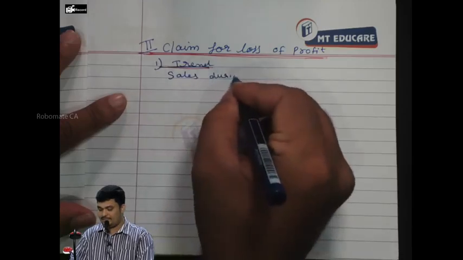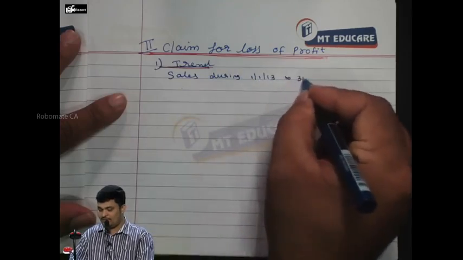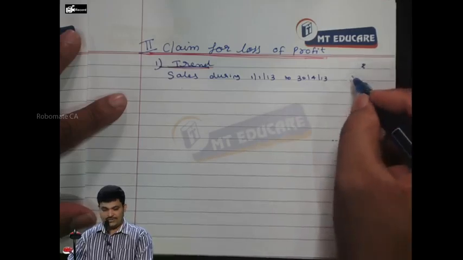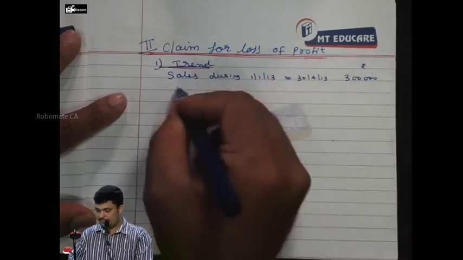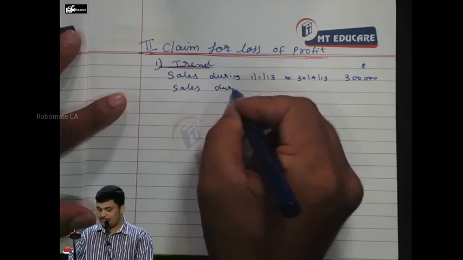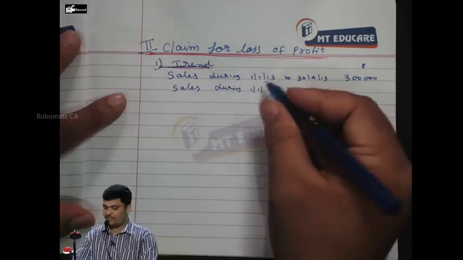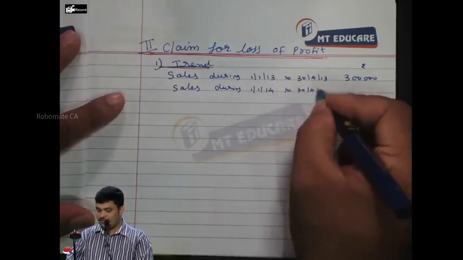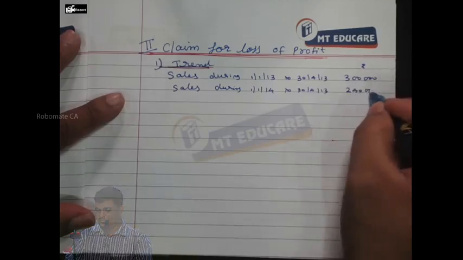Sales during 1/1/2013 to 30/4/2013. How much? 3 lakhs. Sales during 1/1/14 to 30/4/2014: 2,40,000.